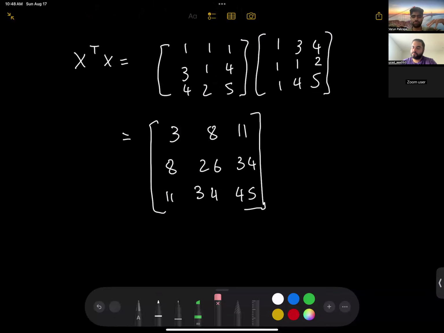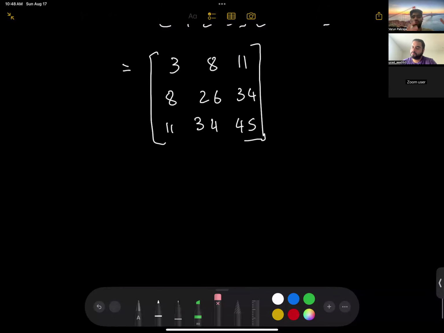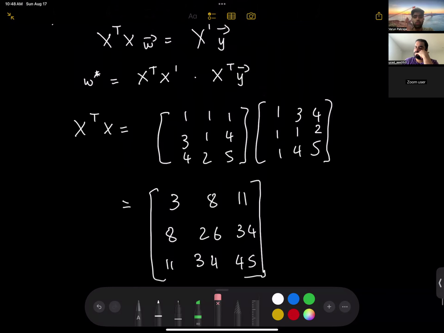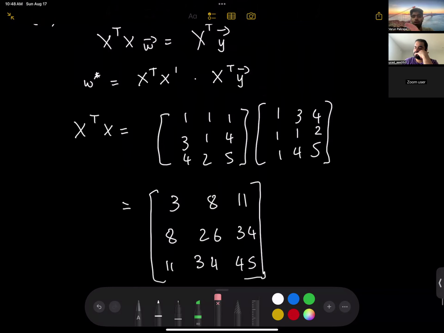Intuitively, that tells you that there isn't a best solution for W star, because the one condition that we had for W star, no matter how long the problem took, no matter how complex or how many rows and columns it had, was that the matrix is full rank. The matrix X transpose X inverse is full rank.